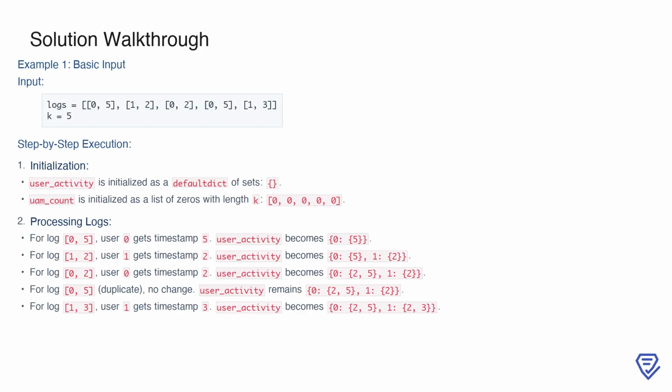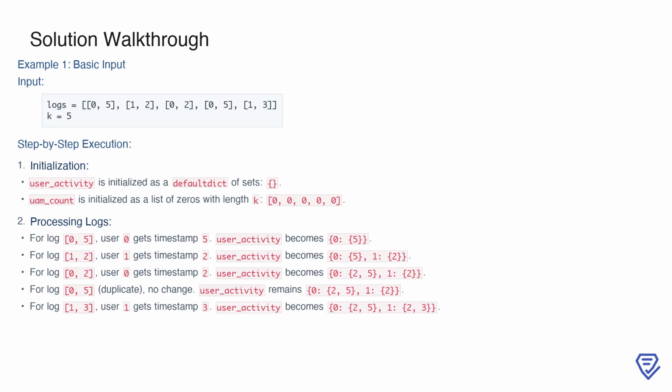Next, as we iterate through the logs, we process each log entry. For the first log, user 0 performs an action at timestamp 5, so we add 5 to the set associated with user 0 in user_activity. Then, for the second log, user 1 performs an action at timestamp 2, and we update user_activity to reflect this.